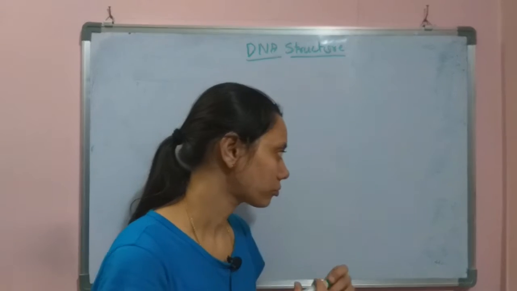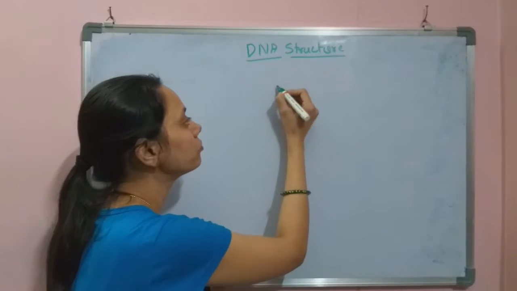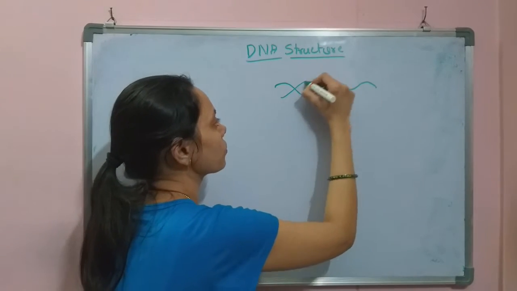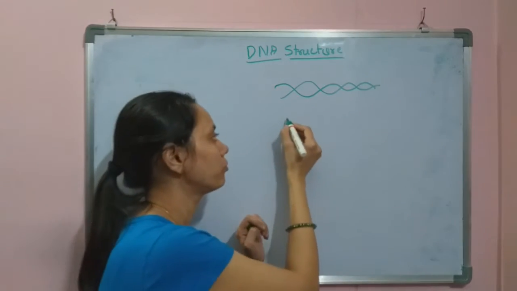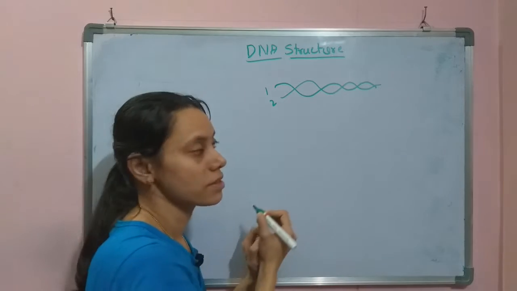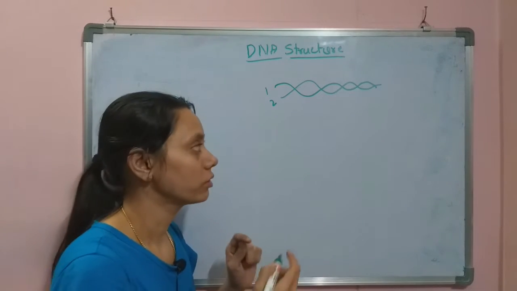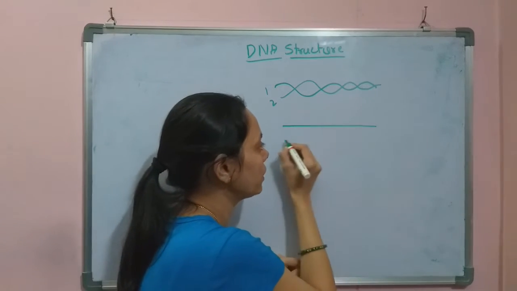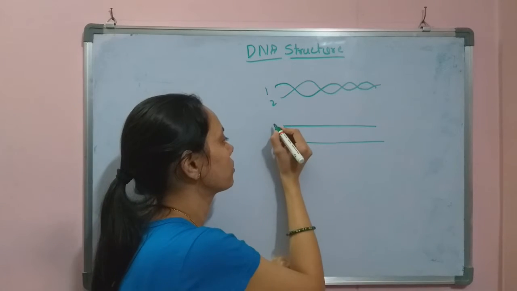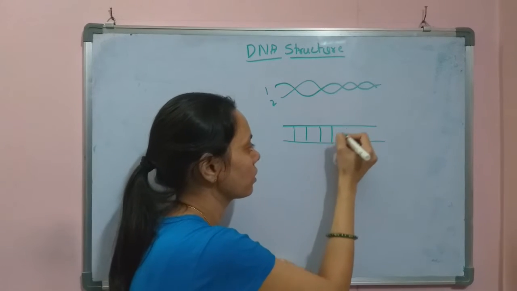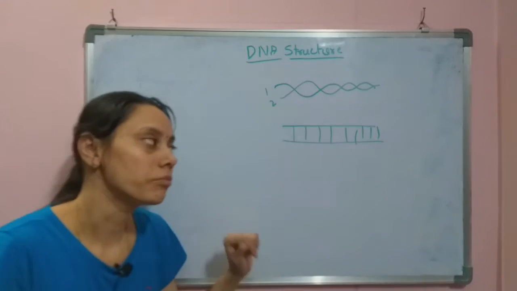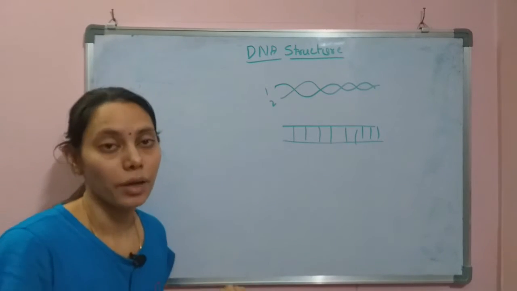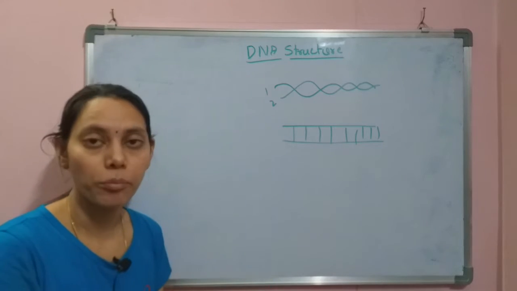So basically, the DNA is a double helical molecule. That means there are two strands which are coiled on each other, and if you linearize the molecule, you get this ladder structure. This is obviously a polymer.